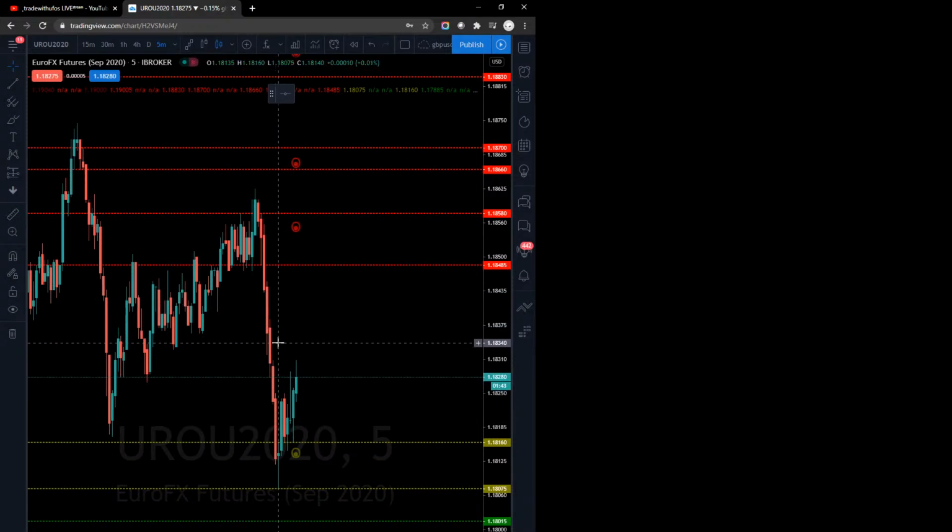Our entry will be around here for a quick trade, and our target will be pretty close to this buying UFO that we can see below here. Okay, so that will be our target.